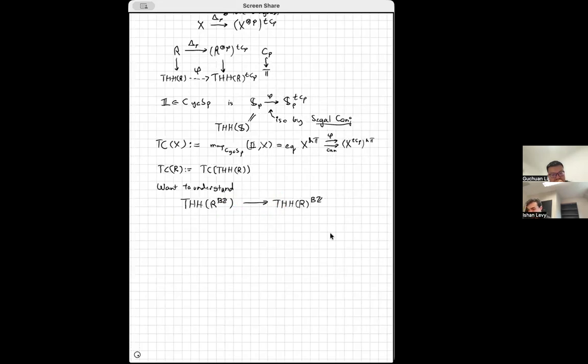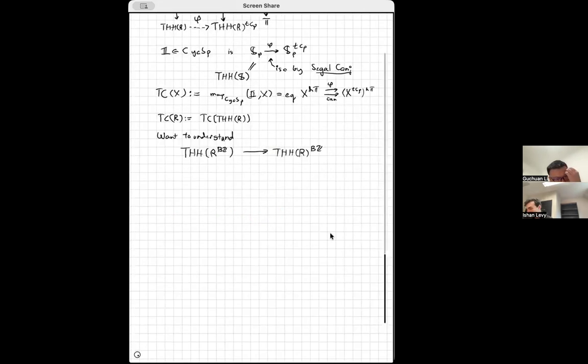And the first thing to observe when trying to understand this question is that it reduces to understanding a universal example. That's because THH is a symmetric monoidal functor.